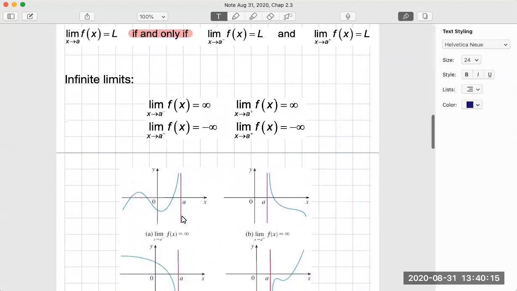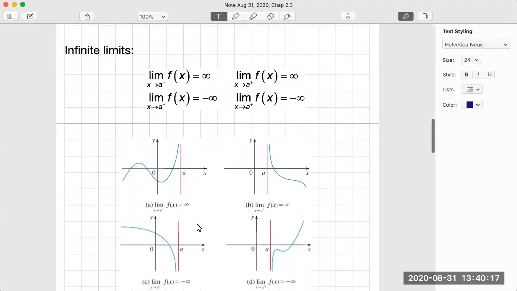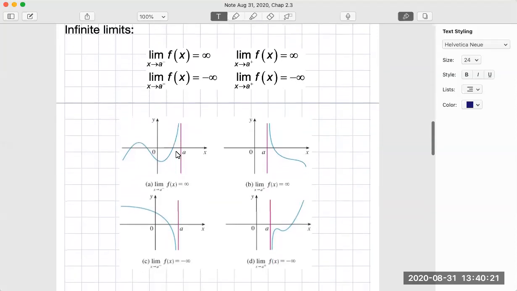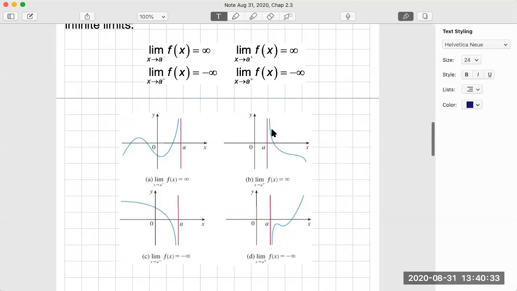Sometimes when x approaches a, f of x may go to positive infinity, as in figure A, right? Or sometimes x goes from the right side of a and f of x goes to infinity, or maybe it goes to negative infinity.